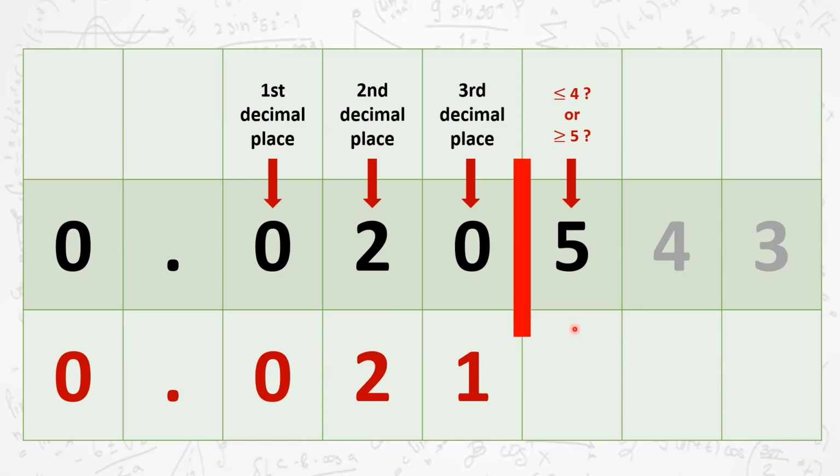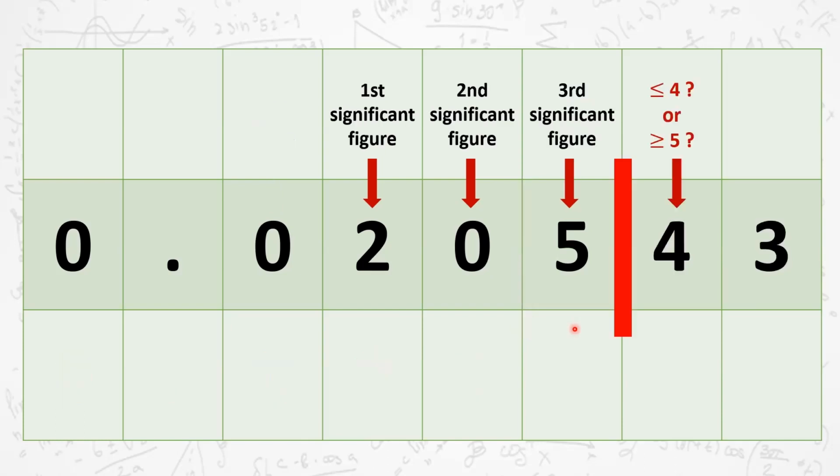Significant figures next. If the question asks me to write this number correct to 3 significant figures, I need to start from my first non-zero digit, which is the 2 here. So 2 is the first significant figure, 0 is the second significant figure, 5 is the third significant figure, so my cutoff point is after 5 before 4.